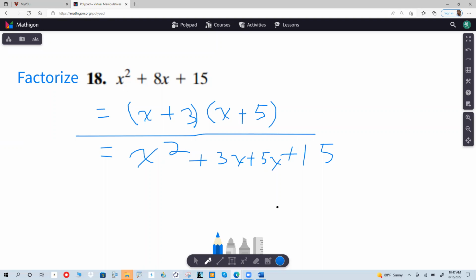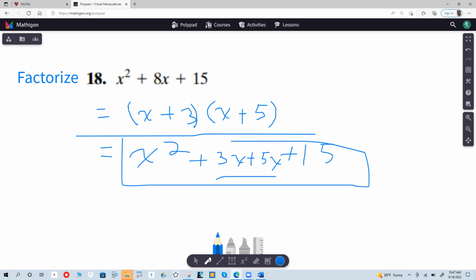That's 8x, so we're good. You don't have to show me this, but if you write minus here, you would be incorrect on the exam. I won't give you points. Just be aware of it, okay? Even if you write minus here, you would be wrong. So the answer is this.